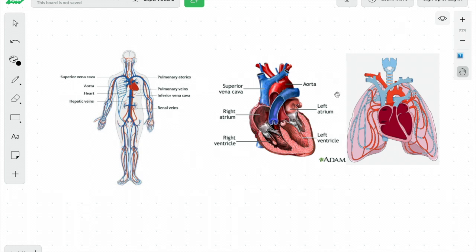If the teacher asks how many parts of the circulatory system there are, there are three parts: the heart, the big vessels, and the blood. The circulatory system also regulates your body temperature.